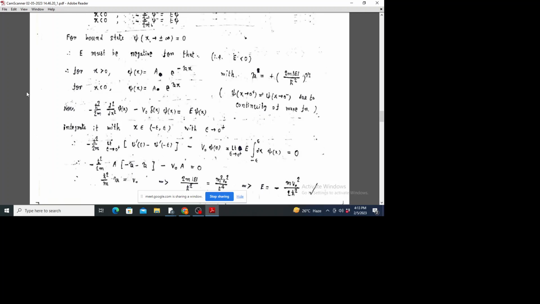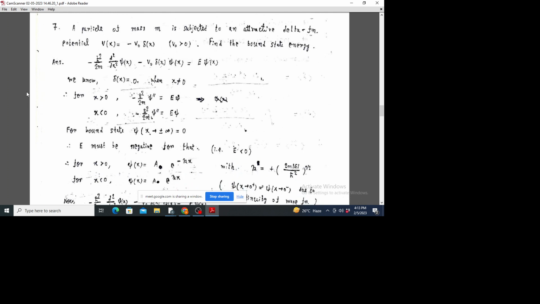So a particle of mass m is subjected to an attractive delta function potential. The adjective attractive here is important actually. Had it not been attractive, there would have been no bound state.